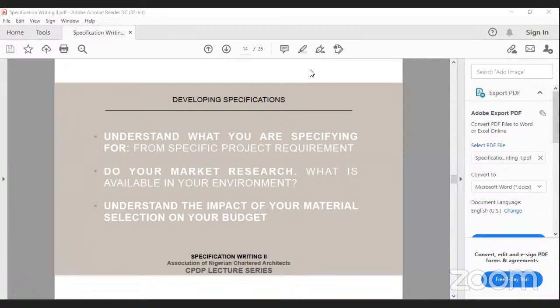Sometimes the materials have been discontinued due to regulatory or code directives. Sometimes it could be due to affordability.